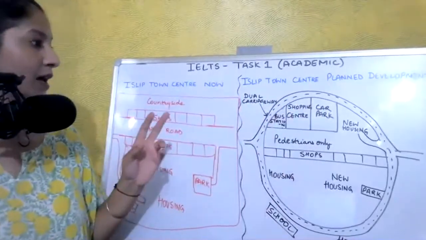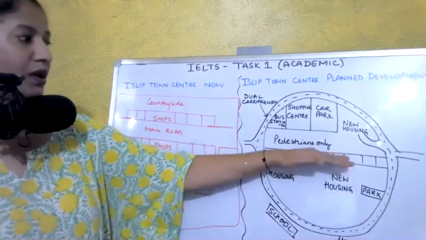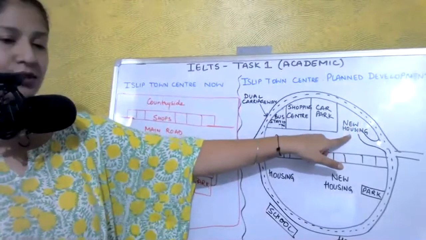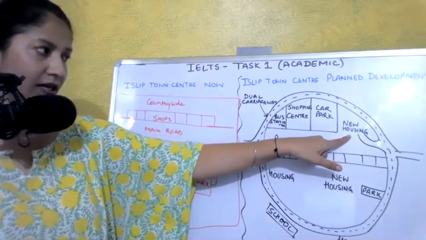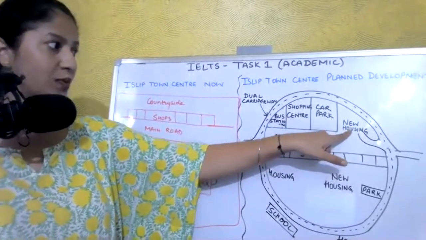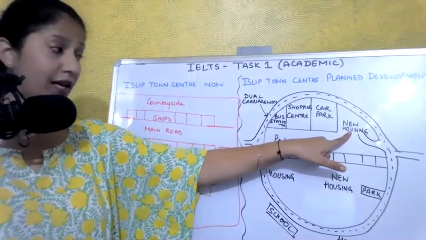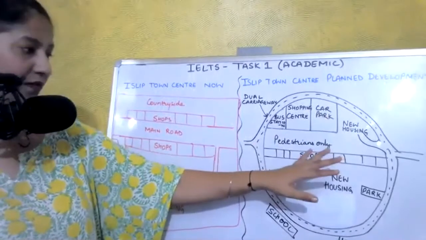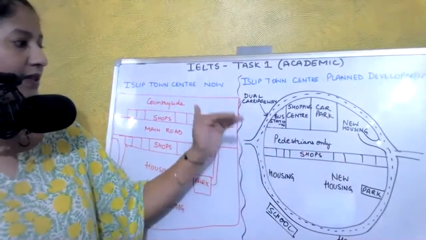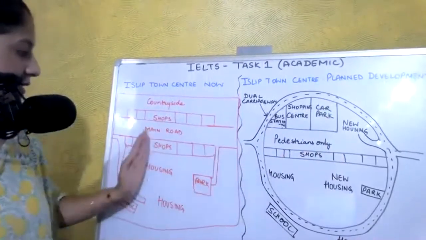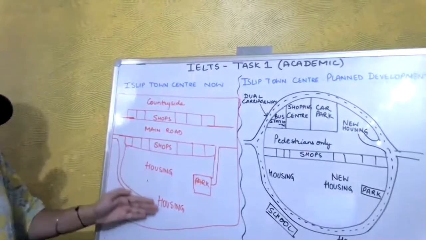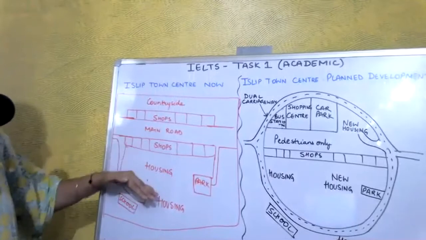Then, to the north of the shops, in the new plan, new housing is to be built, which will increase the residential area. Full stop. Then next, as in the present plan, there are two housings to the south of the shops.